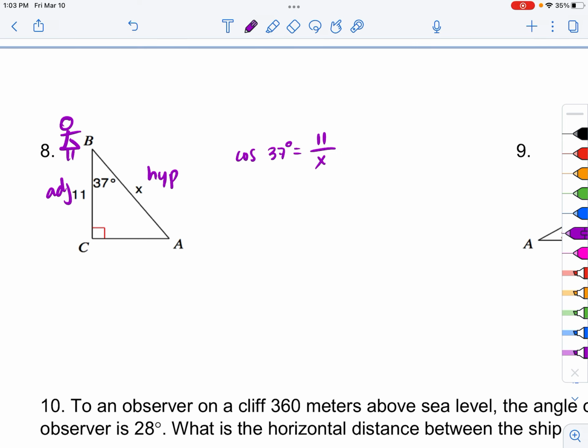And then now we have to do a little bit of extra math. We need to get the x by itself. We can't do that until we multiply both sides by the x. Then we get x times cosine 37 degrees is equal to 11. Divide both sides by cosine 37.